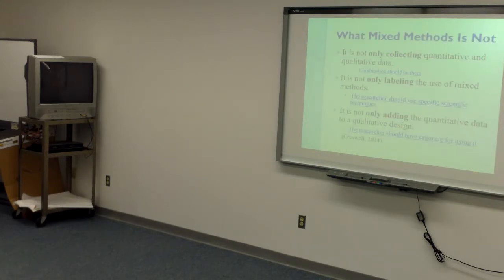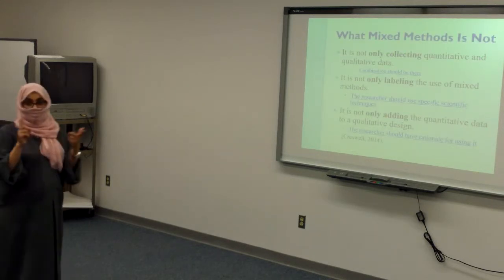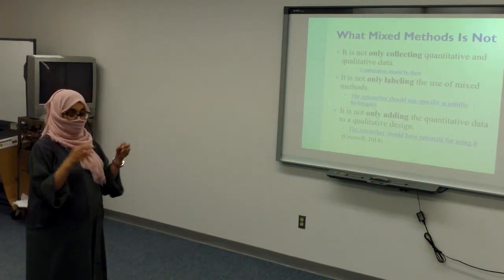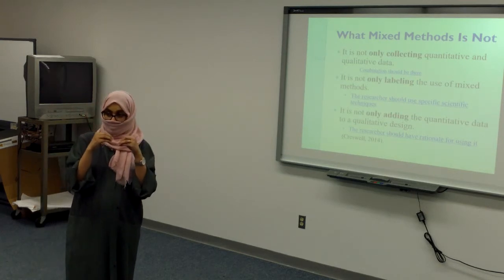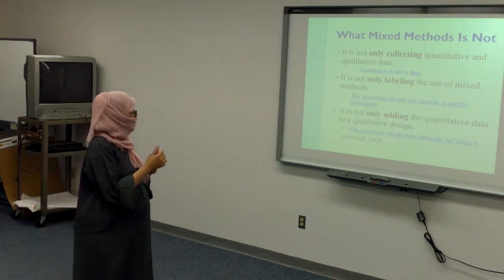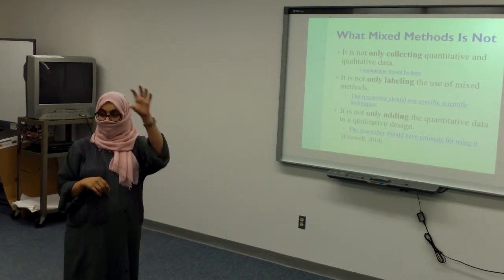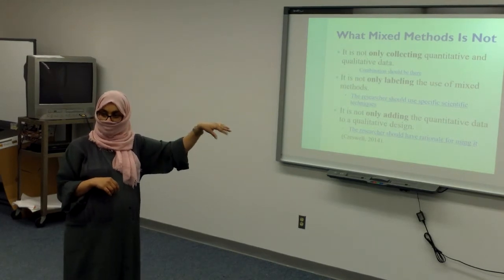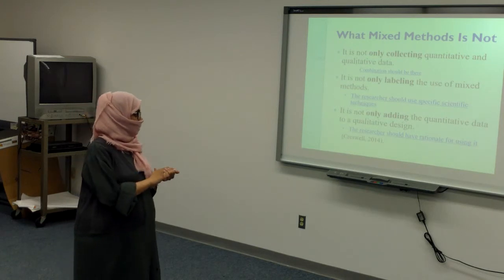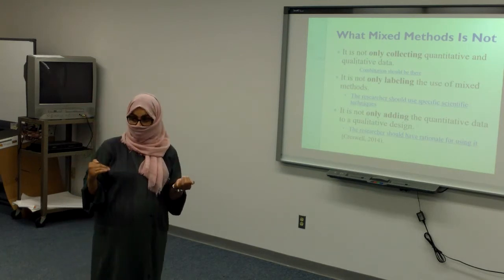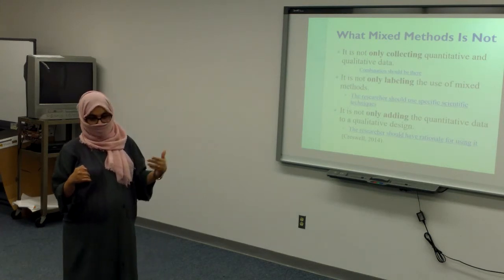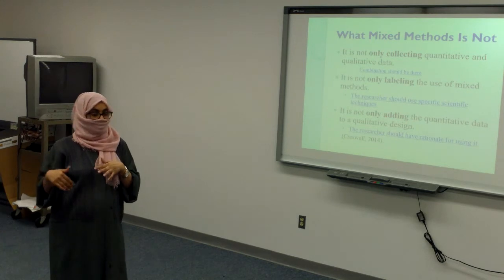What is not a mixed method? It is not only collecting both qualitative and quantitative data; you need to combine these data together. So the researcher does not collect just one of them and that's it. And it's not just saying I'm using a mixed method design. There are specific scientific techniques, as we described in the beginning, of mixed method design, so they need to follow these.